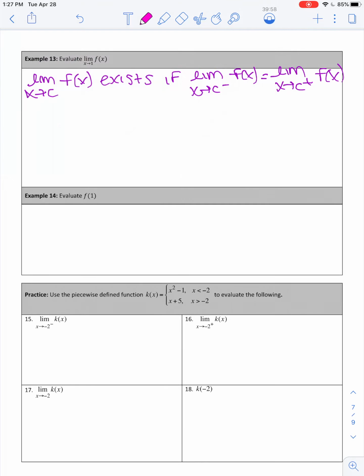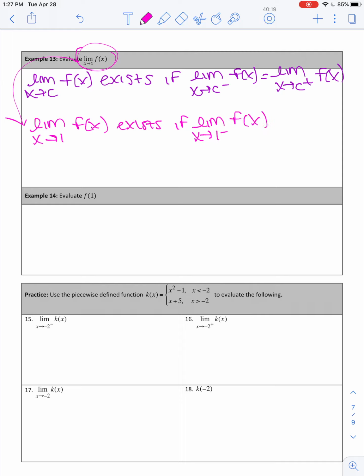Okay, so translating that to what we're asked to evaluate here is saying that the limit as x approaches 1 of f of x exists if the limit as x approaches 1 from the left of f of x equals the limit as x approaches 1 from the right of f of x.